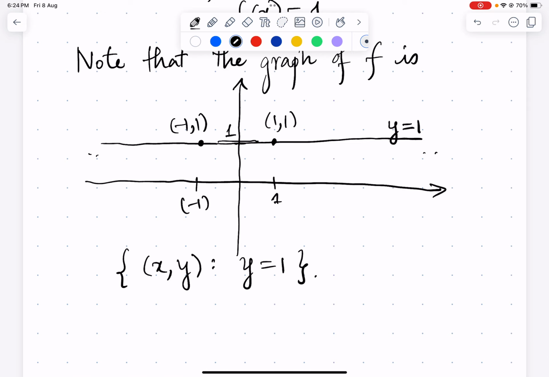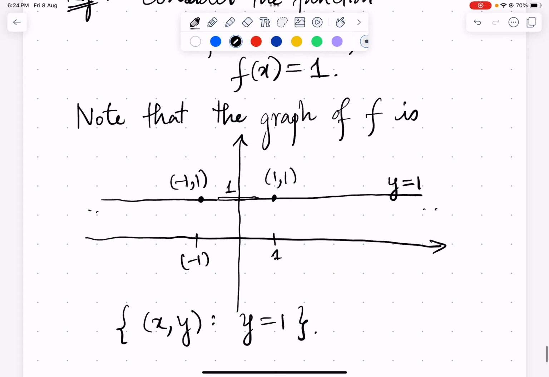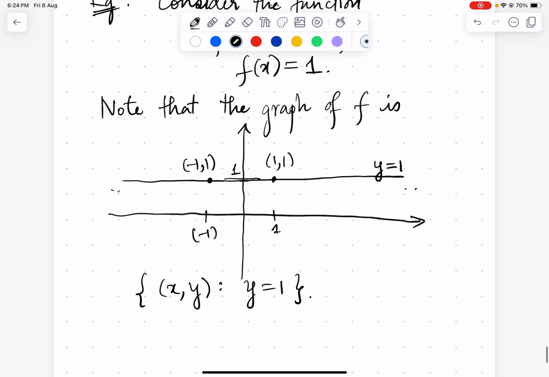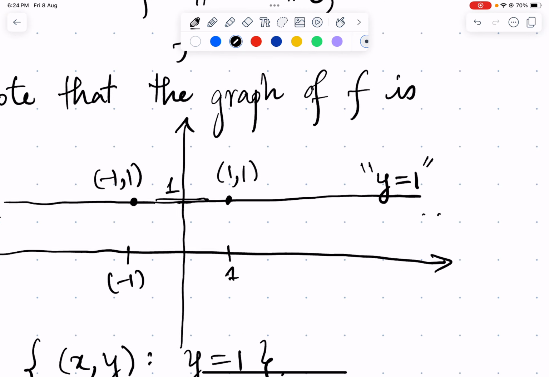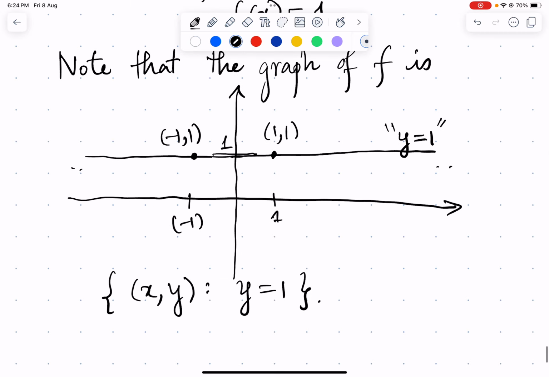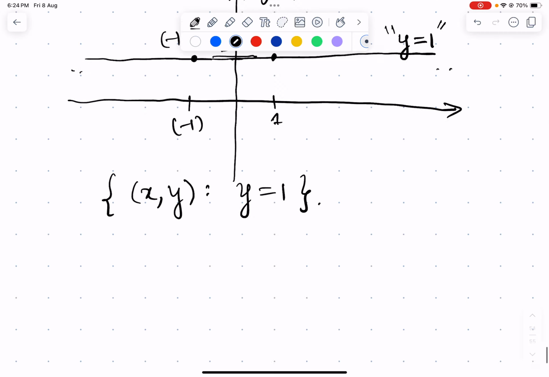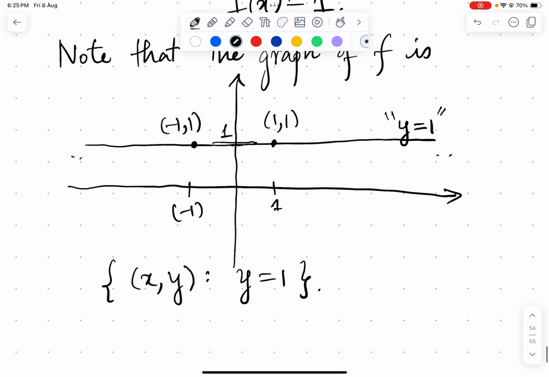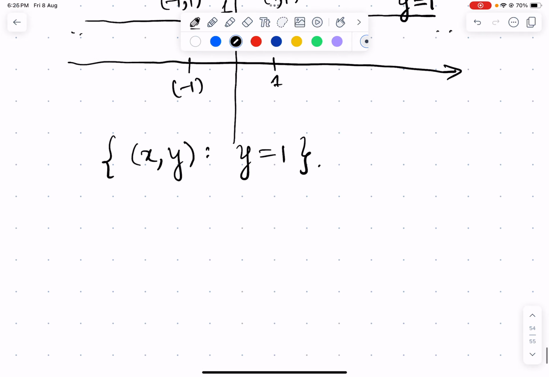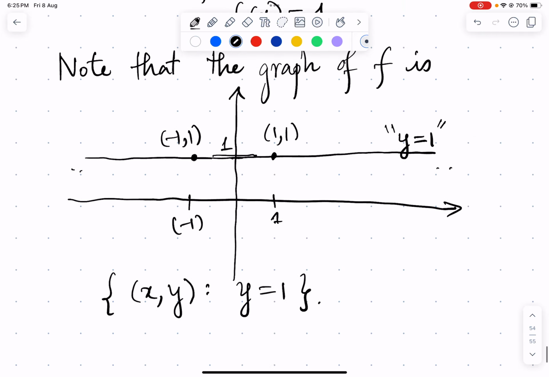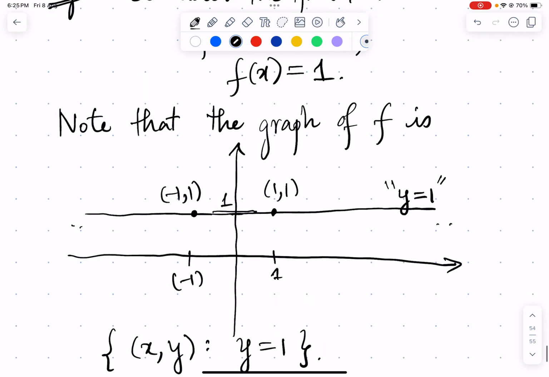That's also valid. Saying y equals 1 just means the set of all x comma y such that y equals 1. So this is the graph of the function f of x equals 1.